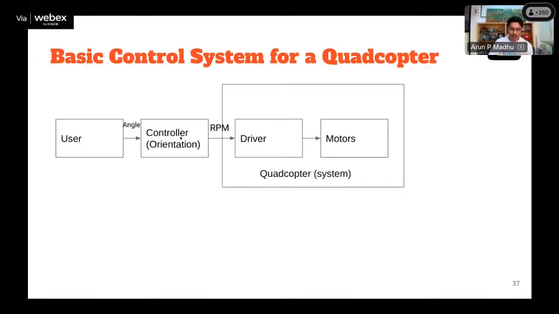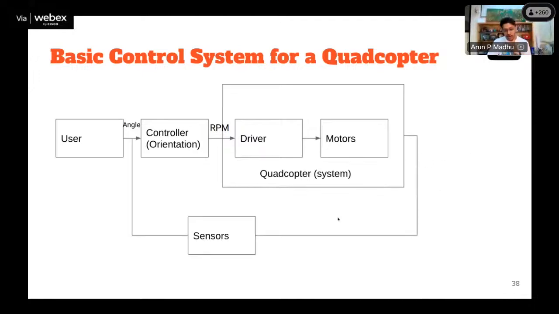This orientation controller gave an RPM to the driver, and because of the RPM given to the driver, let's say the motor rotated at that particular RPM. How will we make sure the motor is actually rotating at that RPM, and that due to the rotation, the quadcopter is at the angle which the user specified? How do we do that? So let's consider the driver and motors as a quadcopter, the system.